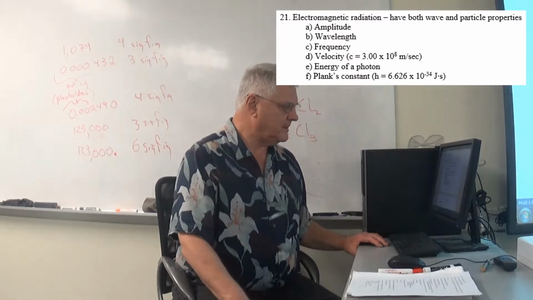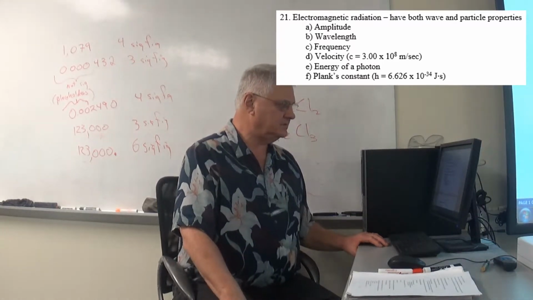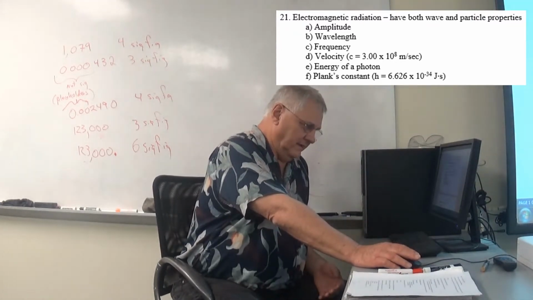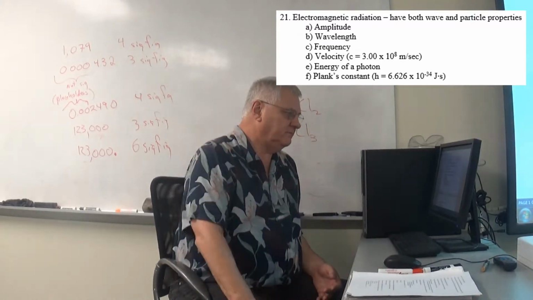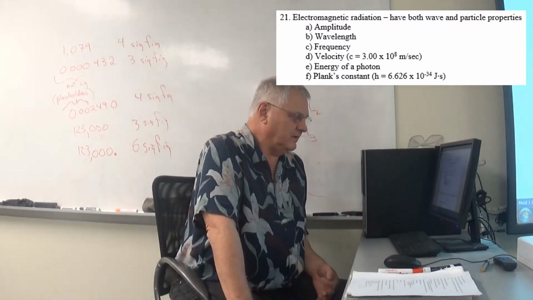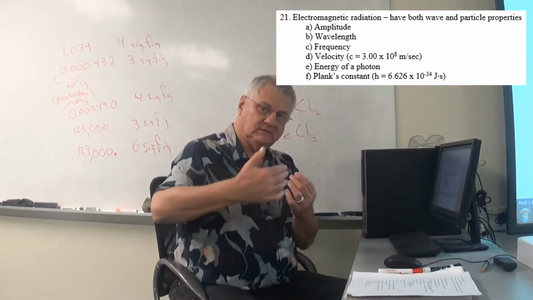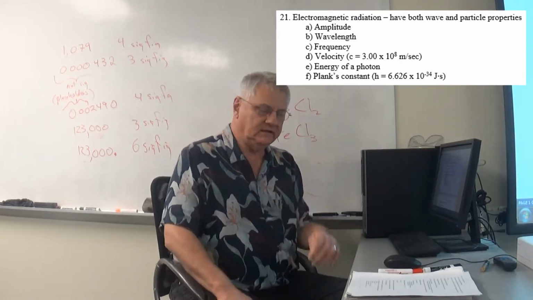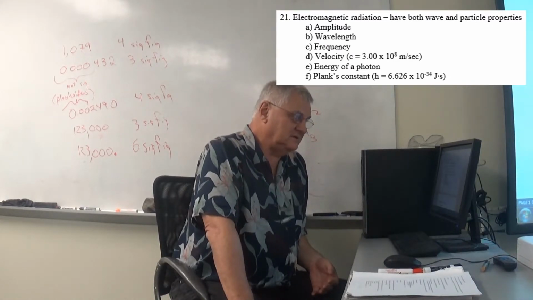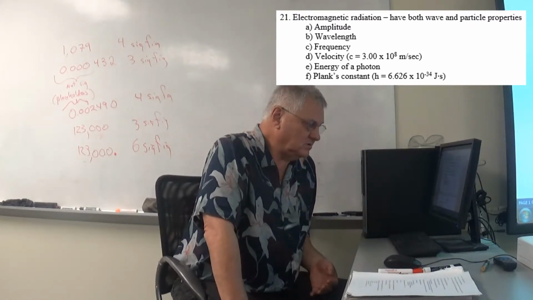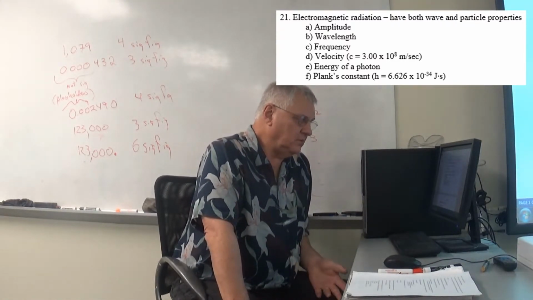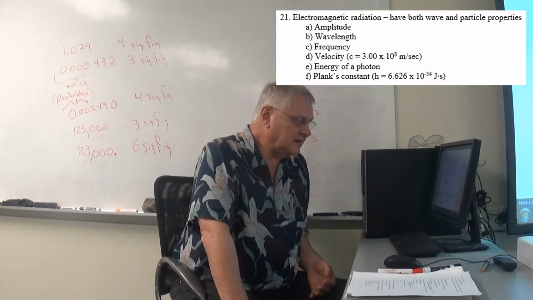But electromagnetic radiation also has wave properties, and we talked about amplitude, wavelength, which is the actual length of one wave cycle. Frequency is how many cycles pass a point in space per second. The velocity of electromagnetic radiation is a constant in vacuum, so it doesn't change: 3.00 times 10 to the 8th meters per second.